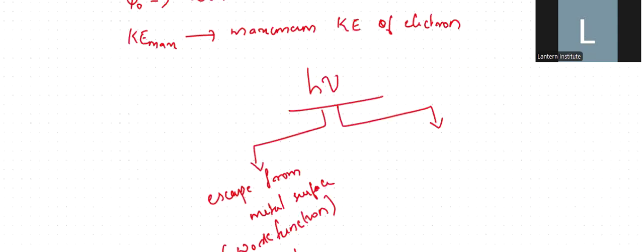Move forward means the kinetic energy maximum. So that's why we can write h nu is equal to phi naught plus kinetic energy maximum.